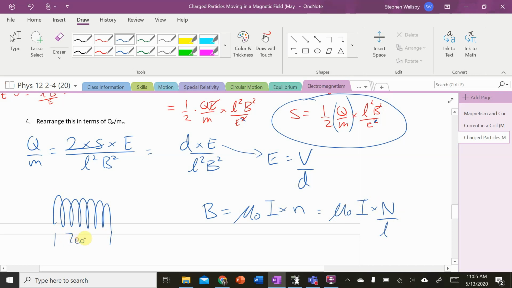So this is 7 coils. And let's say this was 1 meter. Then this would be n, little n, equals 7 coils per meter. Okay, or we can just say 7 divided by 1. Same idea here. So this would be a known quantity, one he could calculate. L would be one that he can measure. V would be one that he can measure. D would be one that he can measure. So he had all the information he needed in order to solve this question here.